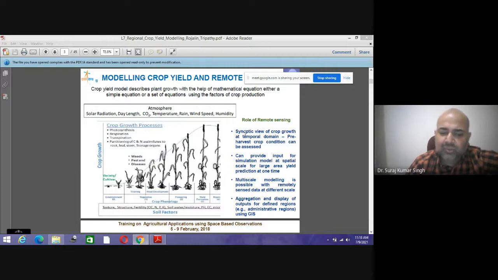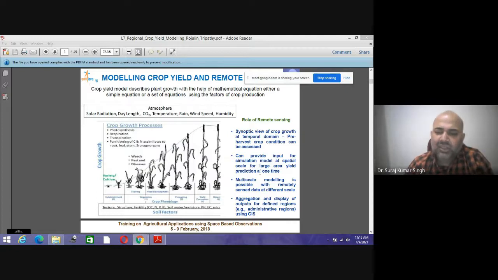So how does remote sensing and GIS help you to identify? This helps you to identify by a synoptic overview of crop growth and temporal domain, like what is pre-harvest condition, what is post-harvest condition, what is during harvest condition, and we can provide inputs for our simulation models at a spatial scale for large area yield production at any point of time.